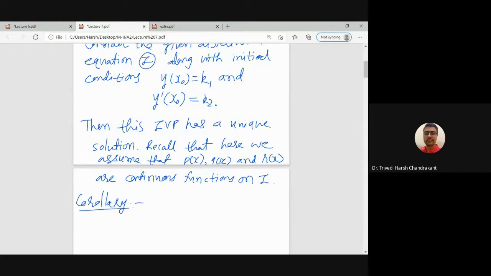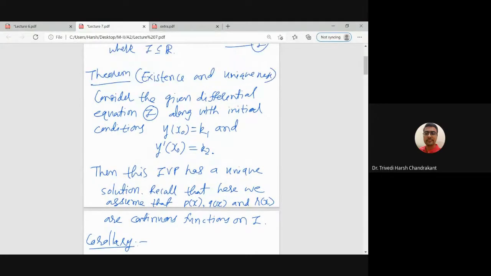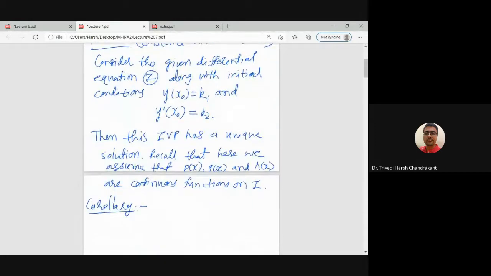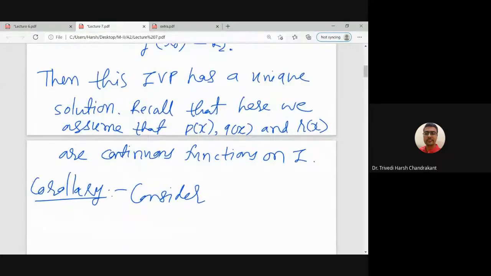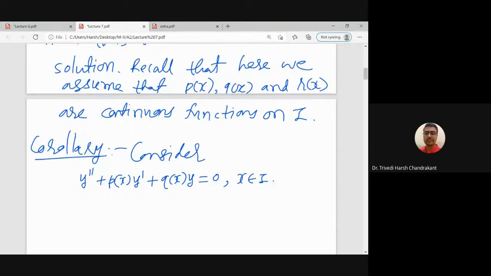So as a special corollary, we get the homogeneous case. That means whenever we consider the differential equation y double dash plus p(x) y dash plus q(x) y is equal to 0, right? And here x belongs to I, and p(x) and q(x) are continuous functions.